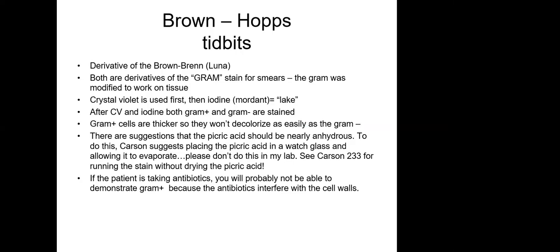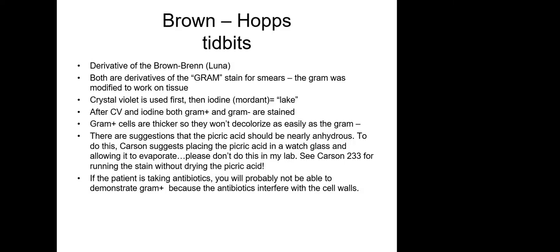So now we're flipping over to gram positive, gram negatives. Your Brown and Hopps is a derivative of the Brown and Brenn. Both of those are a derivative of the gram stain.